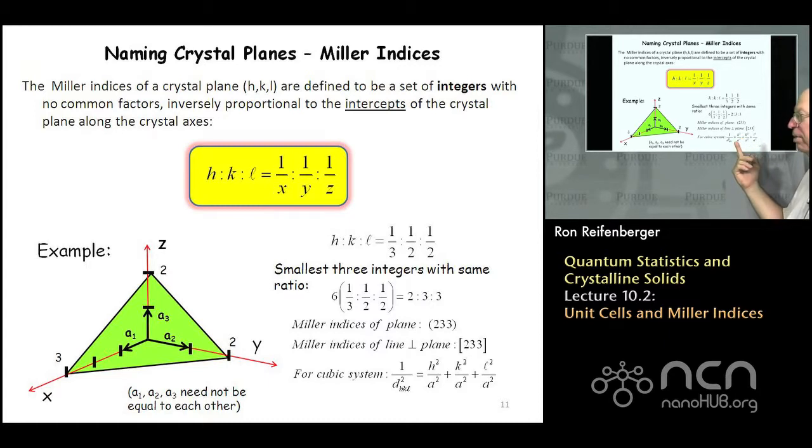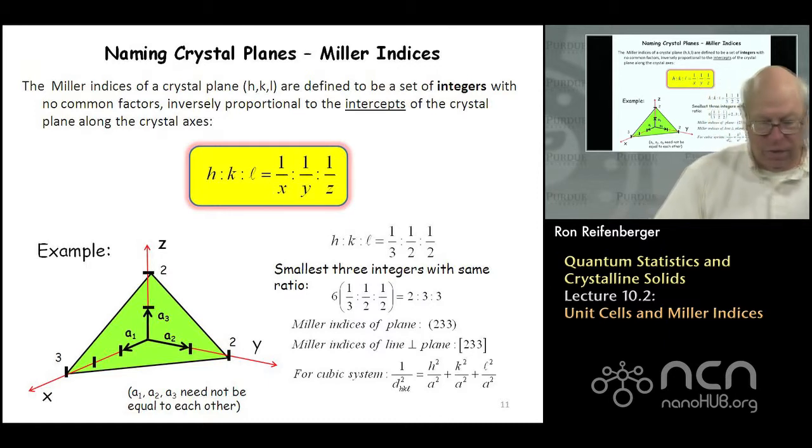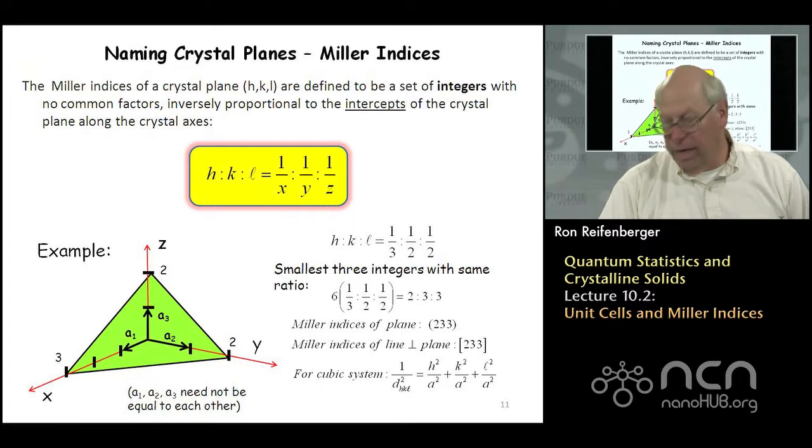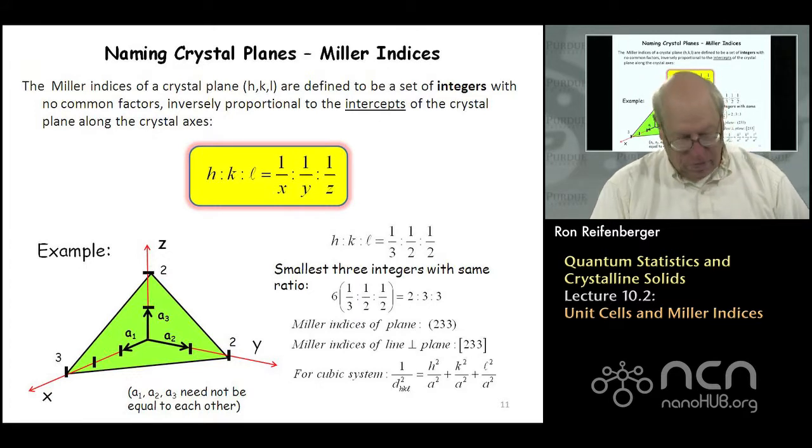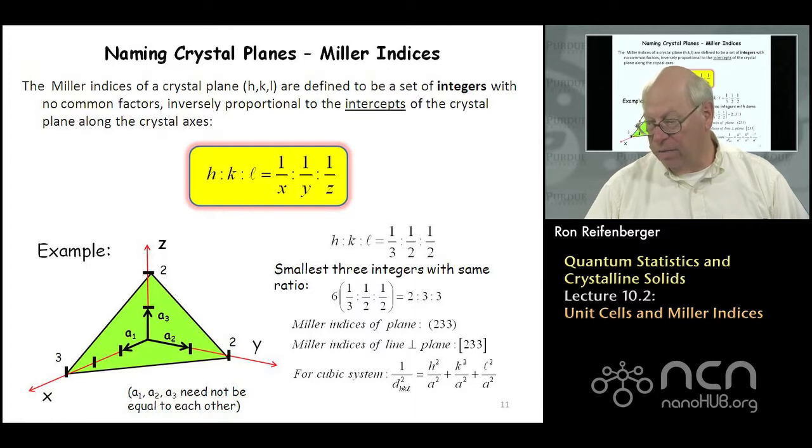So if you tell me what the dimensions of the unit cell are, that's a, and you tell me the Miller indices h, k, and l, I can solve this equation for the separation distance between planes in that crystallographic system.